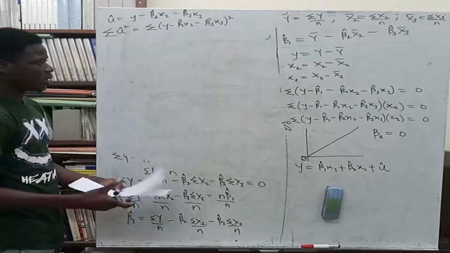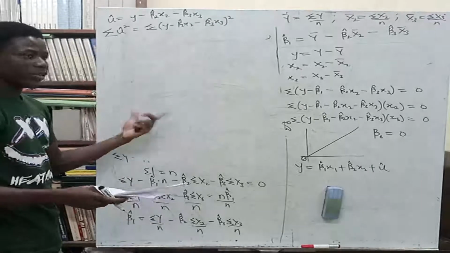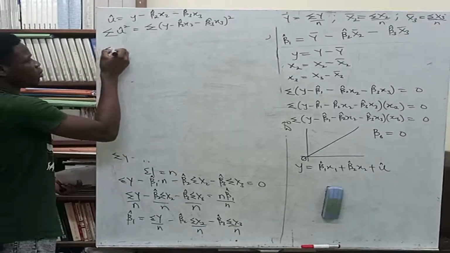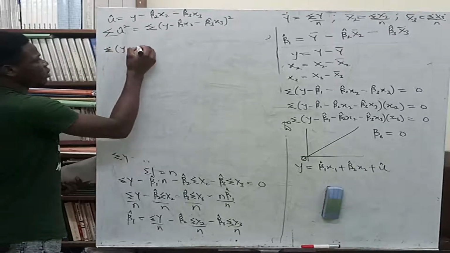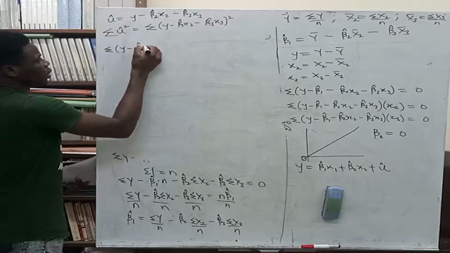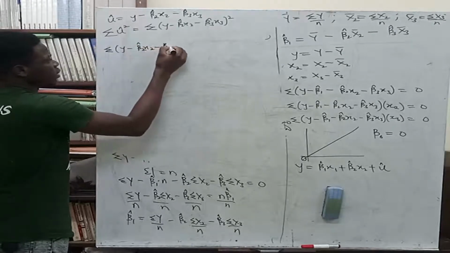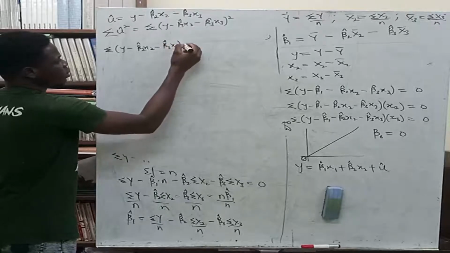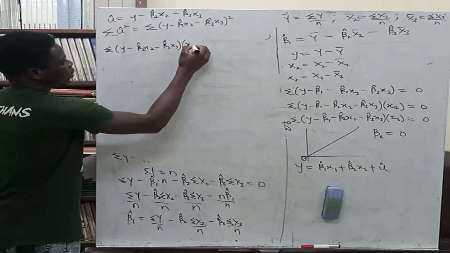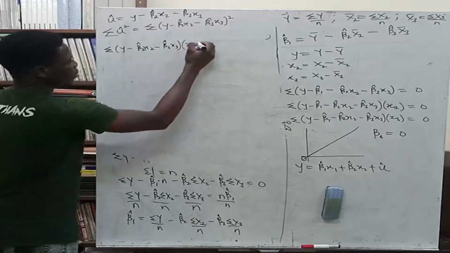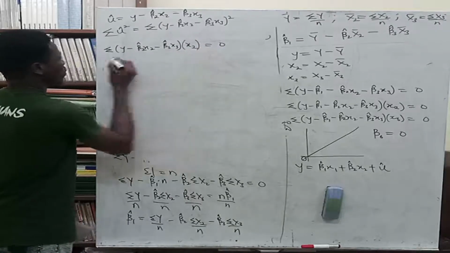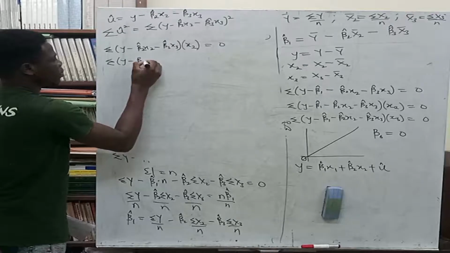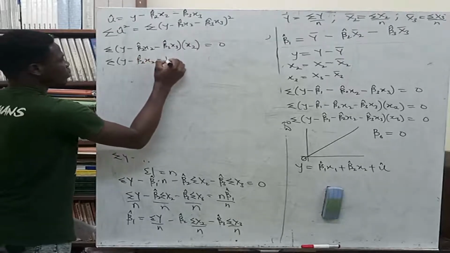So it's basically the same step as what we have done earlier. That will give us summation y minus beta 2 x2 minus beta 3 x3, multiplied by x2, equals 0.